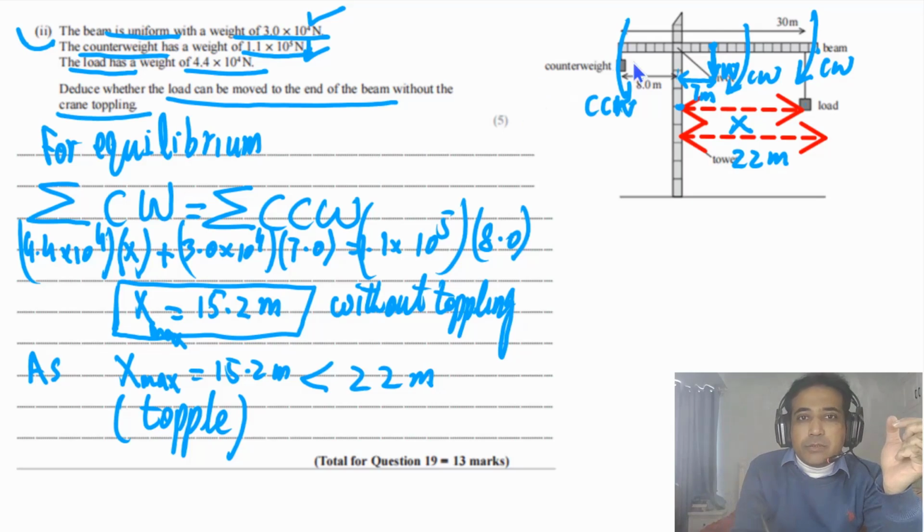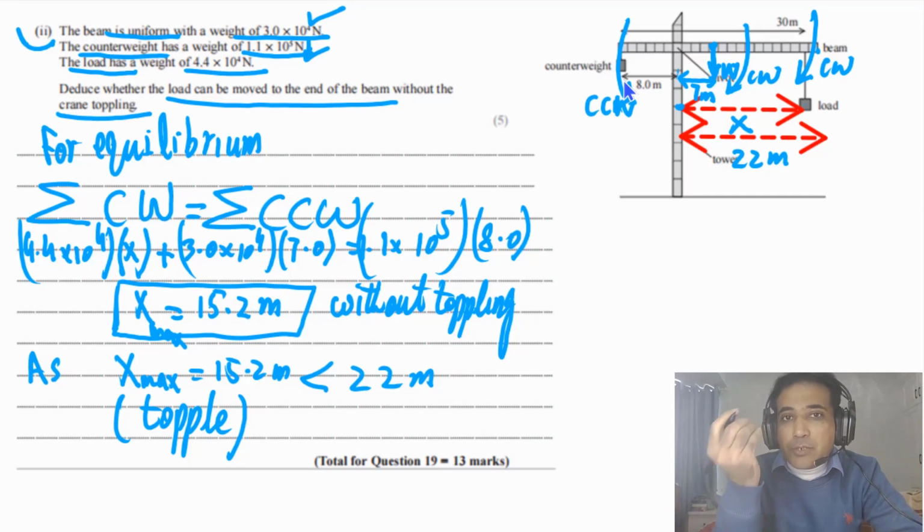Next time when you see a crane in operation, look at it carefully and try to understand the principle behind the operation of the crane. So you will see the real beauty of physics, you will see physics in action. And this question has 5 marks. If you have written your answer in this form and finally concluded, you will get 5 marks.